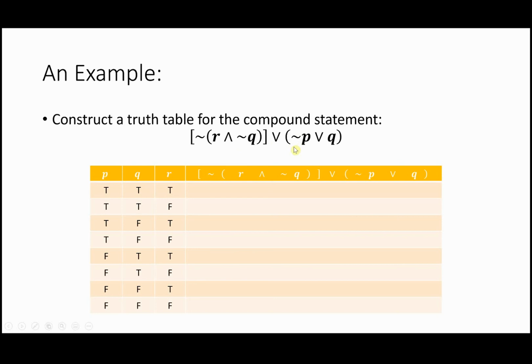So we can think of the process of finding the combination of truth values for this entire compound statement in an order of operations type of way. There's going to be a first step, a second step, and a third step, until we find the outermost connective, which in this case is this disjunction right here.